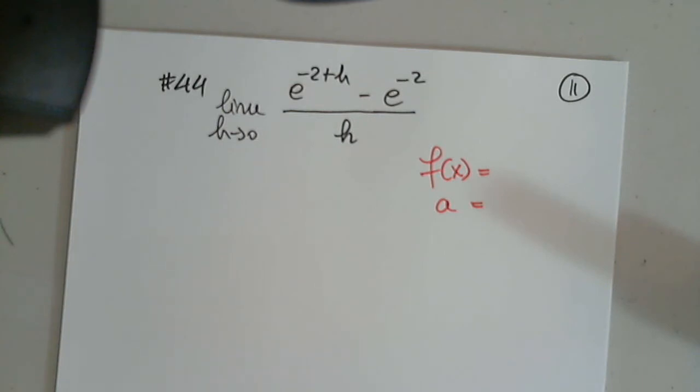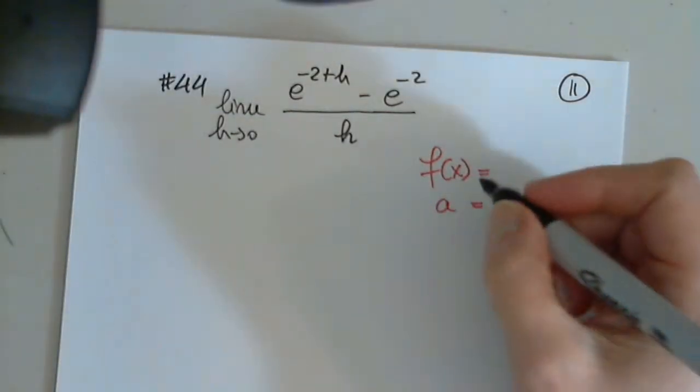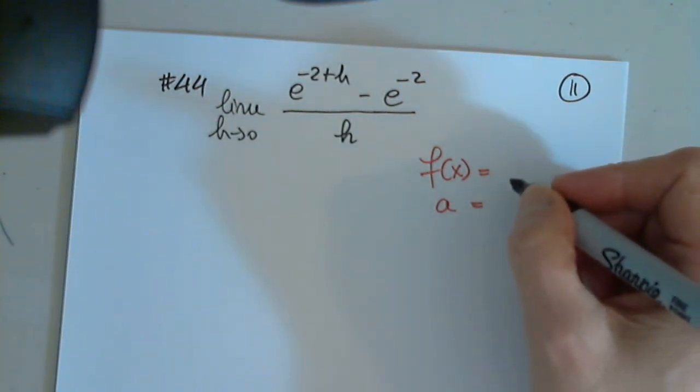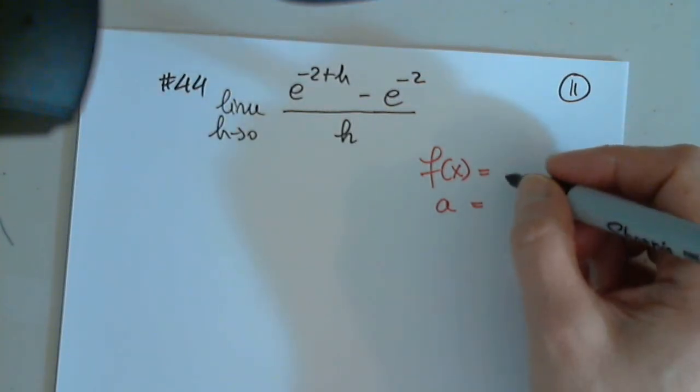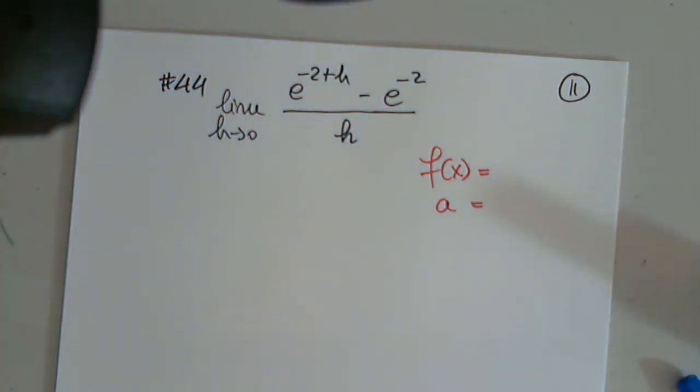Will anyone give it a shot? F of x will be e to the negative 2, and then a... Careful. Is it e to the negative x?